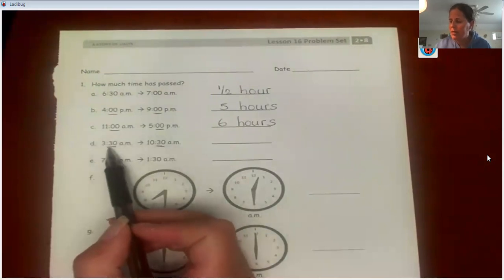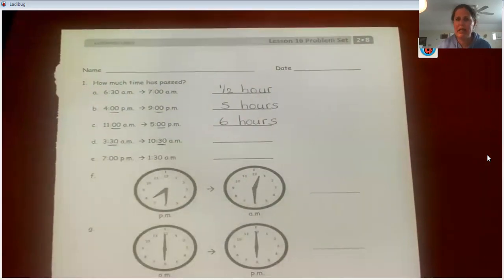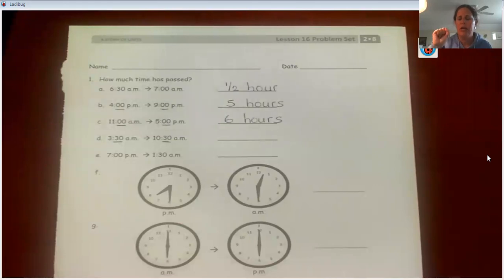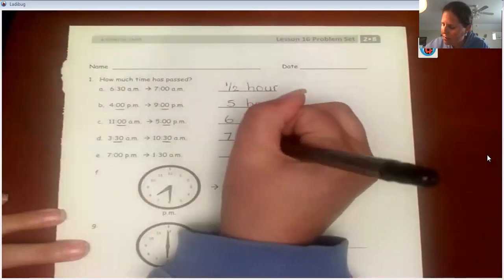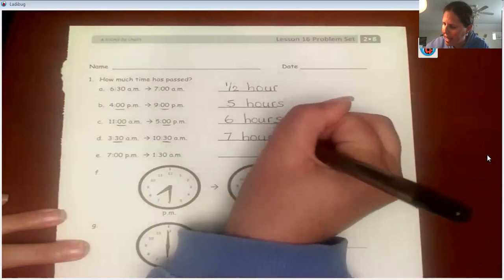So I'm going to start at 3:30 and count on hours. So from 3:30, I would add an hour to get to 4:30, then 5:30, then 6:30, 7:30, 8:30, 9:30, 10:30. So it is 7 hours to go from 3:30 a.m.